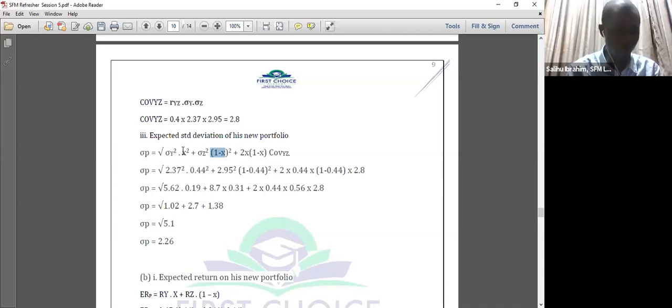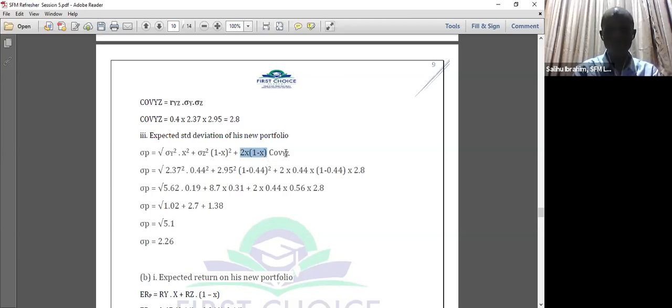X is the weight of Y, so 1 minus x represents the weight of Z. Then weight of Y multiplied by weight of Z, that's x times 1 minus x. Please, you are not squaring this. This is the only one you are squaring.